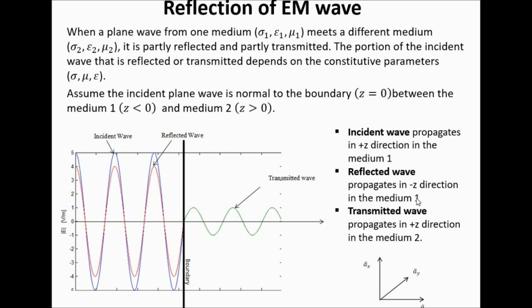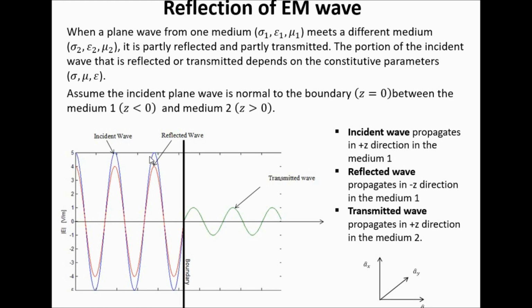Medium 1 has two waves, incident and reflected. One is in the positive z direction and the other is opposite to that, the negative z direction. In medium 2 we have only one wave, the transmitted wave, propagating in the positive z direction.